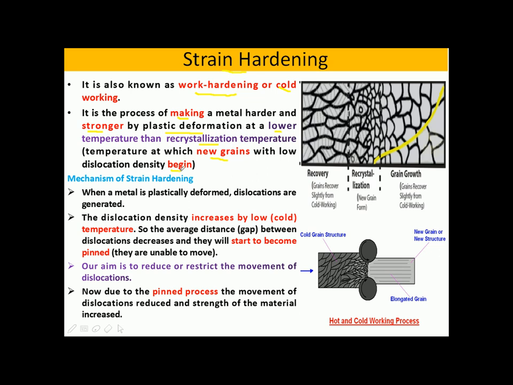Now we see the mechanism of strain hardening. When a metal is plastically deformed, dislocations are generated. See, these are the dislocations. This dislocation density increases by cold working. So, the distance between the dislocations decreases. That is, the gap in between the dislocations decreases.